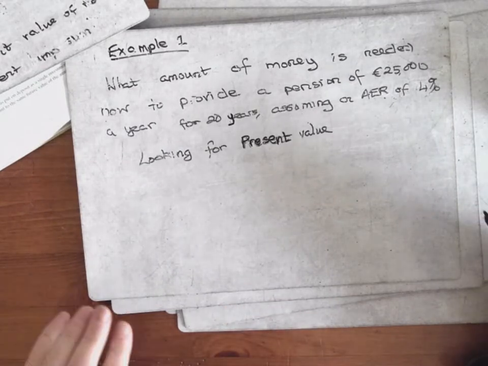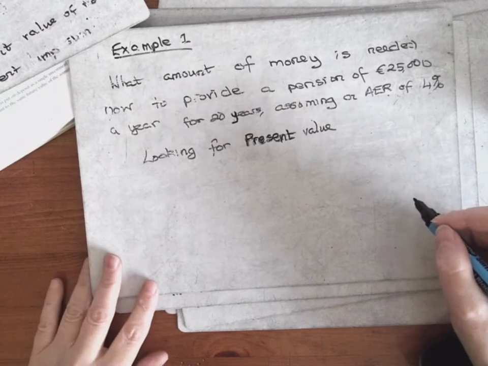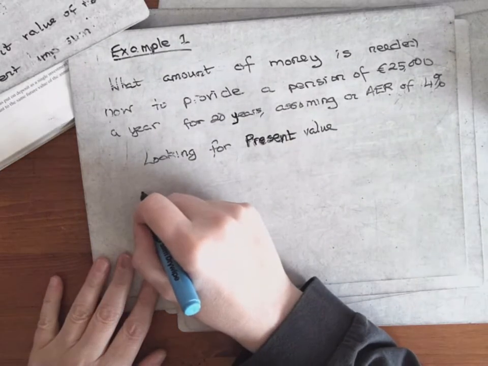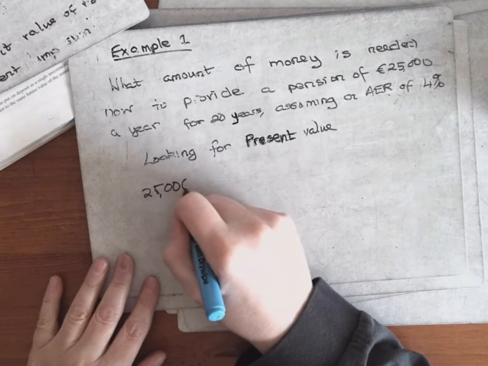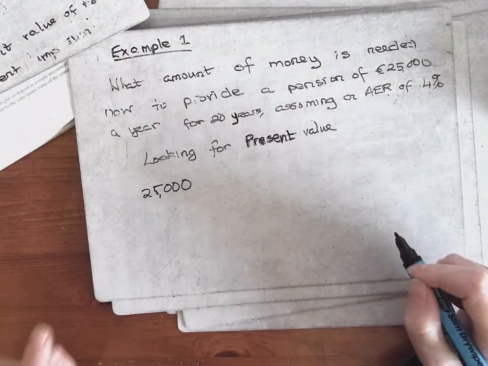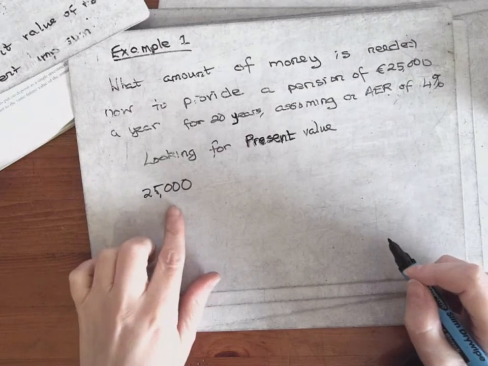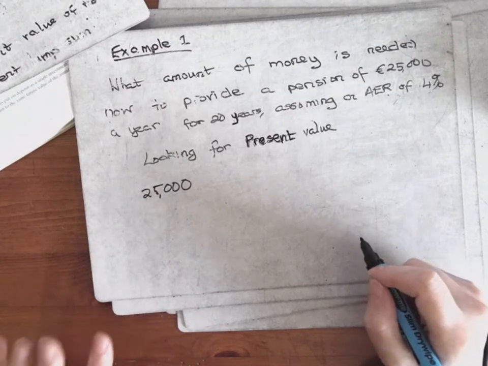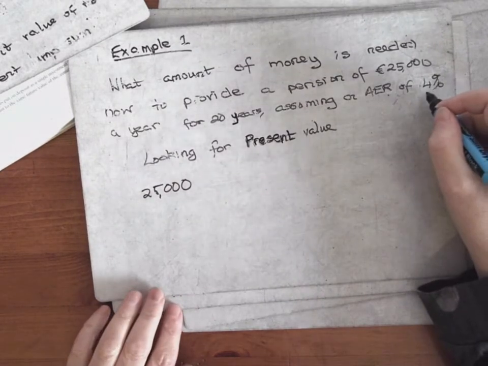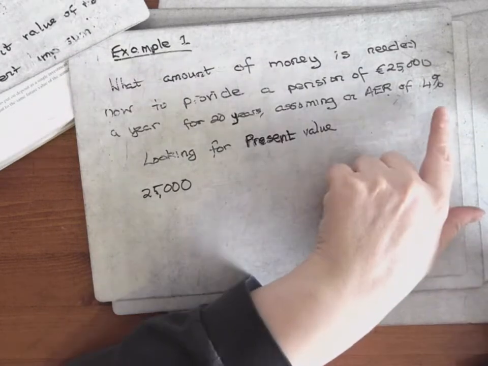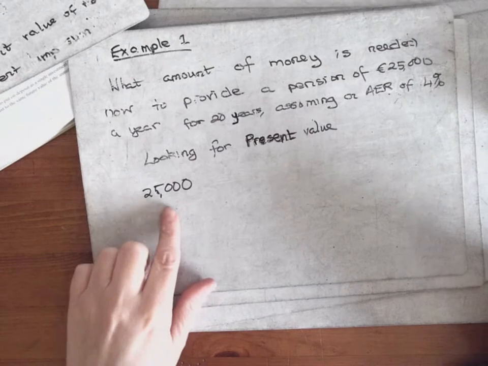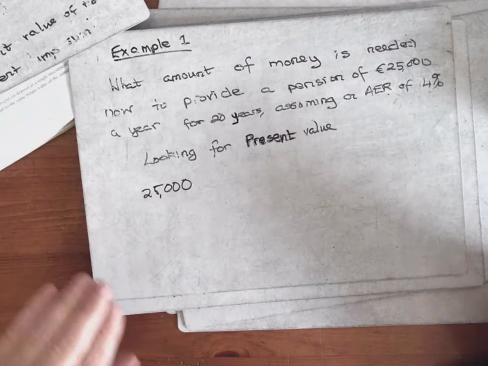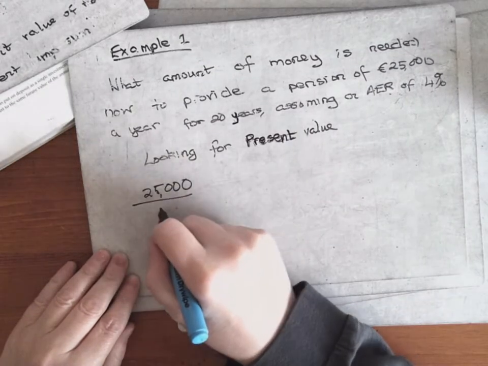So what I have to do is, the first 25,000 I get paid out, and if they don't say when they're paying it out, we always assume the end of the year. So the first 25,000 they paid out was in an account for a year, and they gave me 4% of it. So I don't need to have saved 25,000. I need to take off the interest.